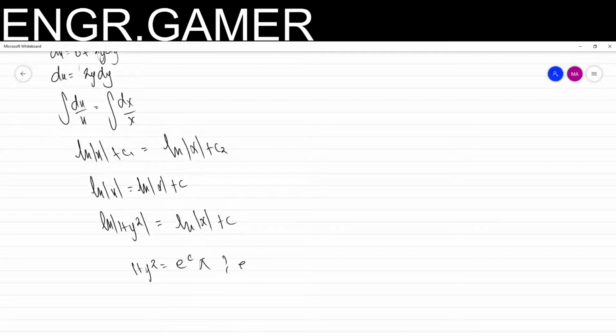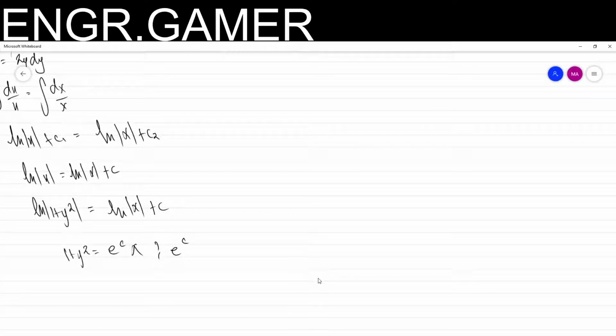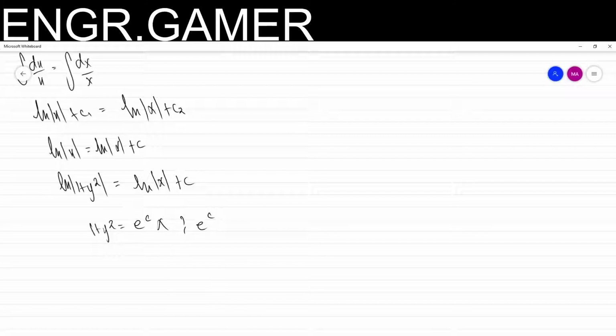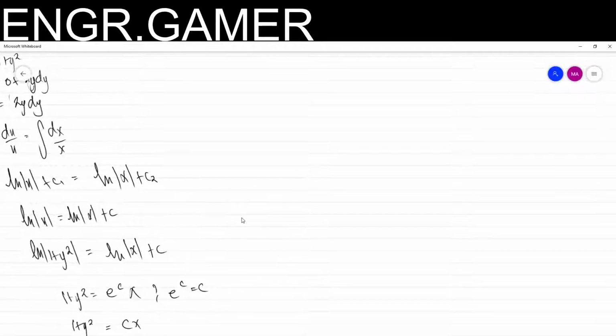Take note, yung e to the c at any value of constant like negative, positive, or 0, ang e natin is constant pa rin siya. Pero usually that is positive. So, this should be like c. We have 1 plus y squared is equal to cx.